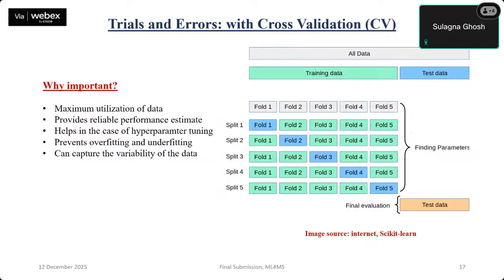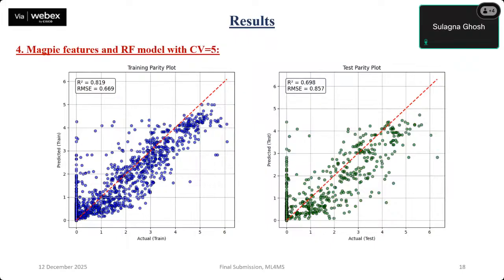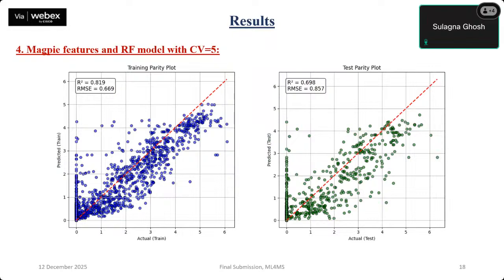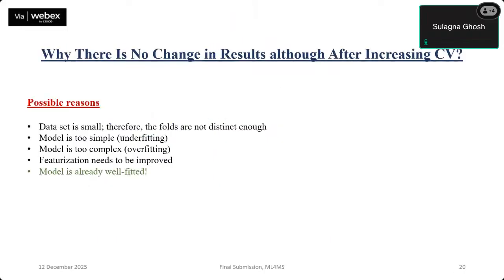First we did cross validation with CV equal to 5, and then we performed it with CV equal to 10. But if we compare these two results, the result has not changed much. So, what is the problem or what is happening?